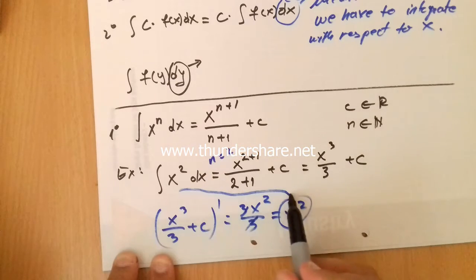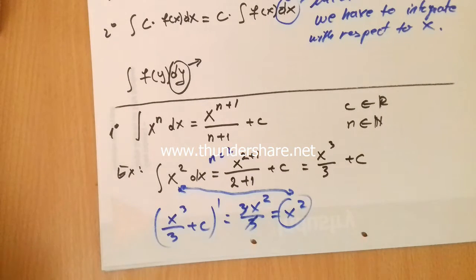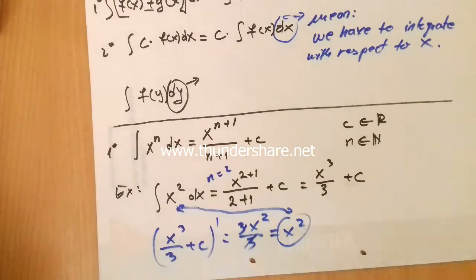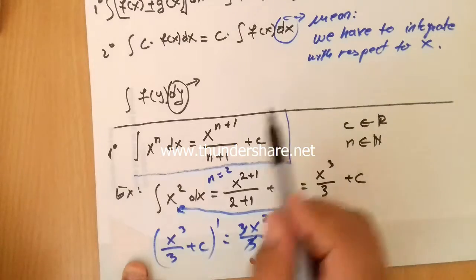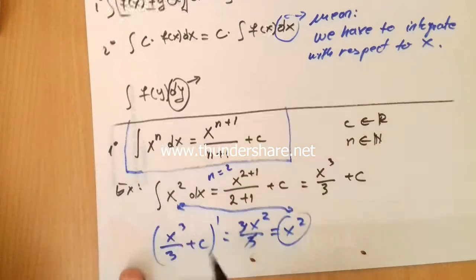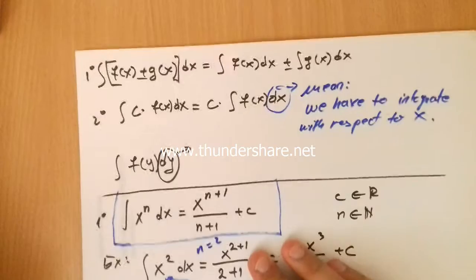So this one is equal to this one. This is the basic integral formula, one of the basic ones: the integral of x to the n dx is x to the n plus 1 divided by n plus 1, plus c.